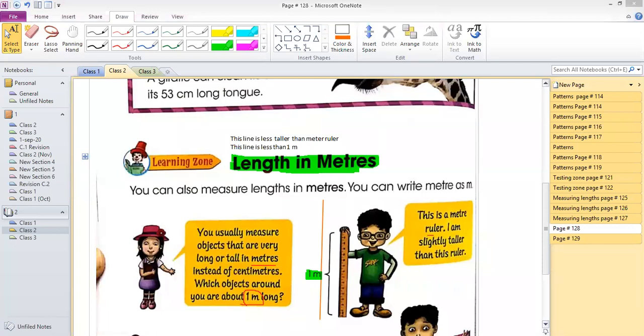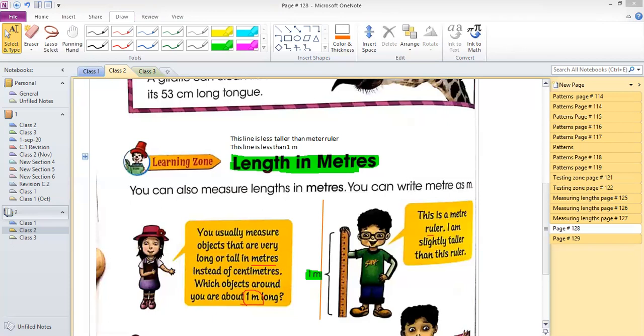The question I'm going to ask is: this line is dash than 1 meter. Options are more than, less than, about to.